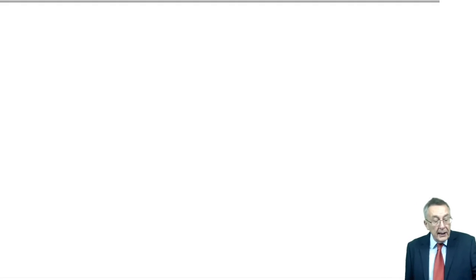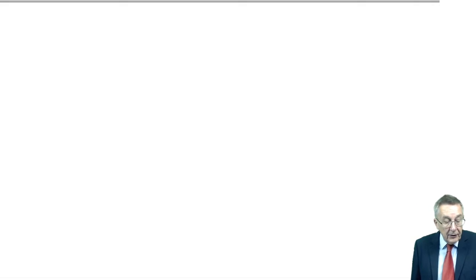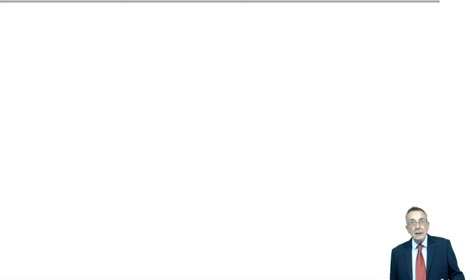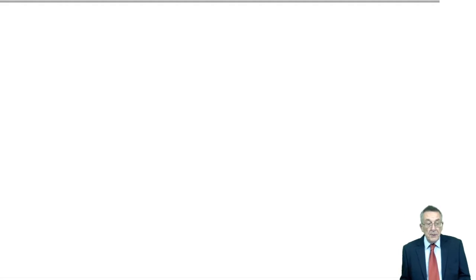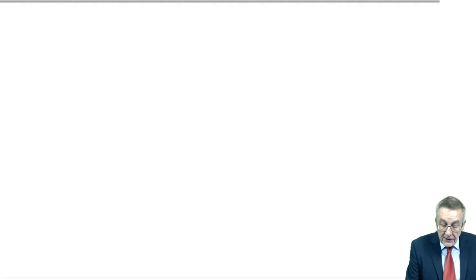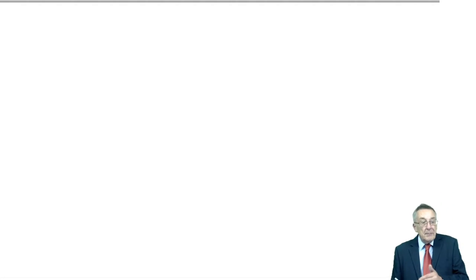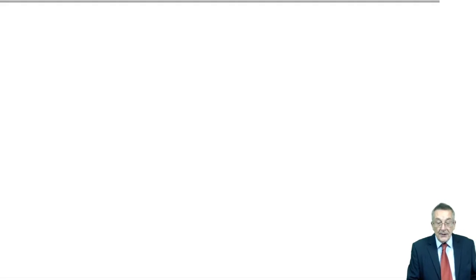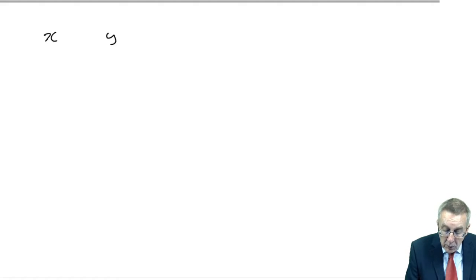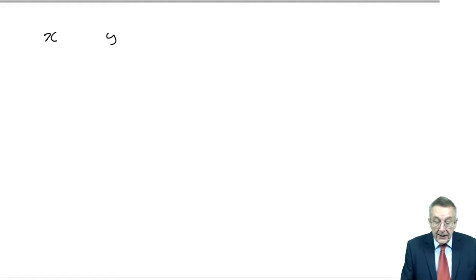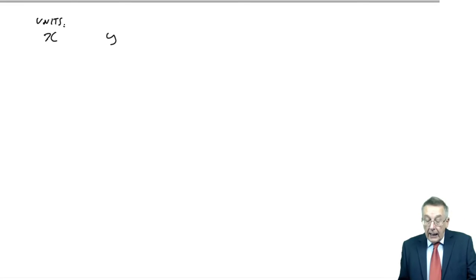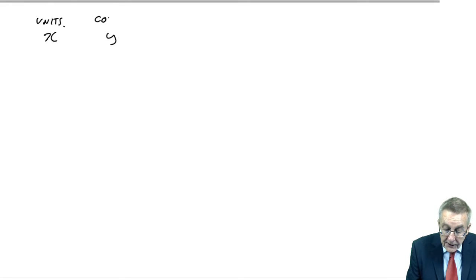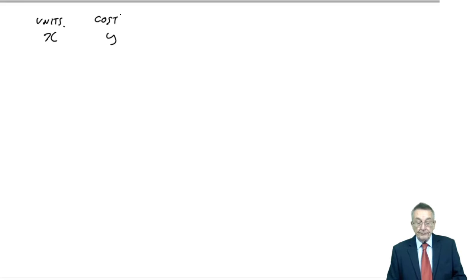So here, because we're looking at total cost at different levels of output, surely the cost will depend on the level of output. And so the cost is going to be y, because it depends on the output, which is x. So I'm going to set up columns. I'll have a column for x and a column for y. x is the output, which is in units. y is the cost, which is in dollars.